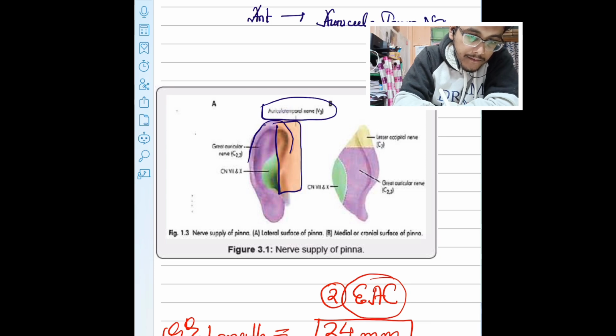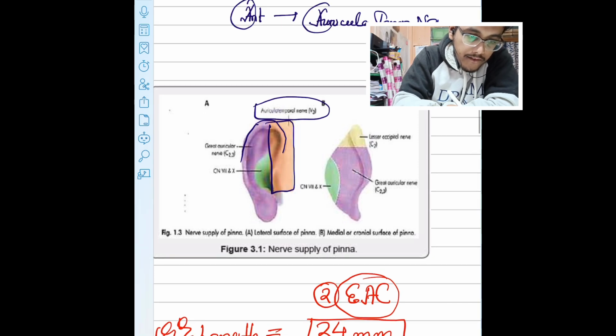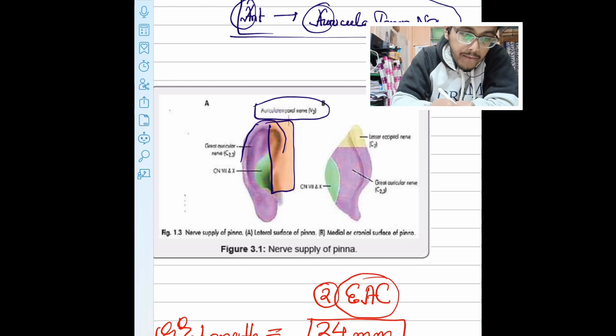A for A, anterior part by auriculotemporal nerve. The greater part of the pinna is supplied by the greater auricular nerve.